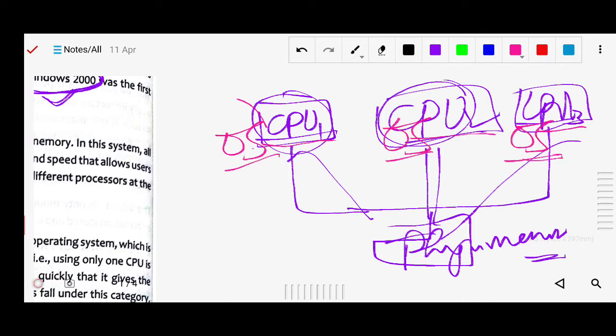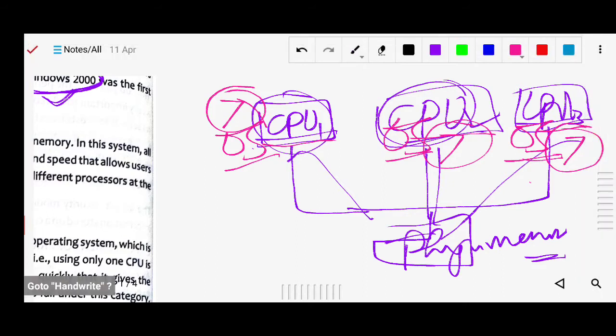Suppose Windows 7 is installed, so Windows 7's copy will be here, here, and here also. And the common thing is they will share the same physical memory. These copies communicate with one another to coordinate operations. This is called multiprocessing.